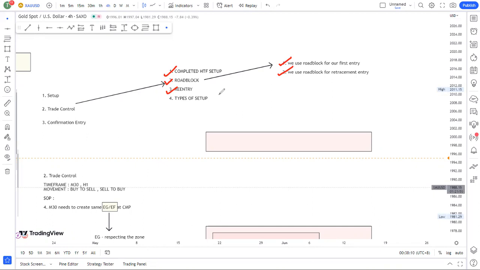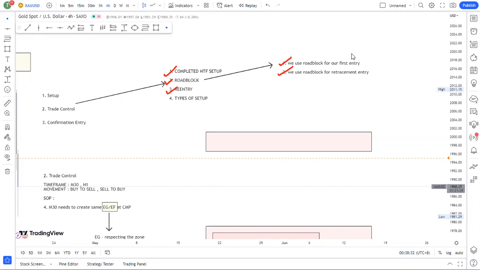Number two, we have the retracement setup. Number three, we have the first entry. And then we also learned about how to re-entry. So there are four types of setup that you have already learned indirectly, which you understand it all. All right, that's good.